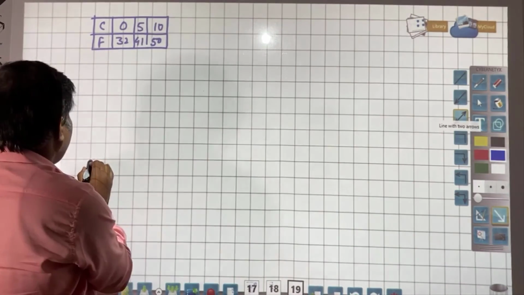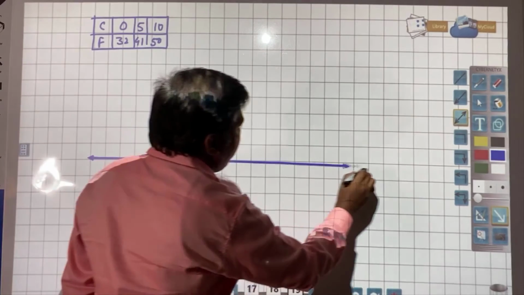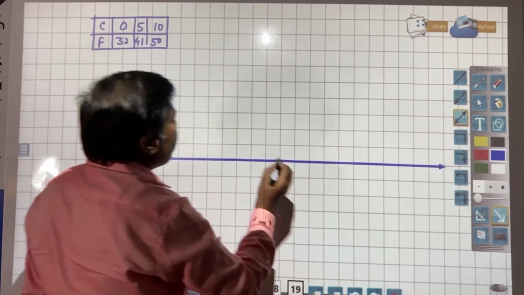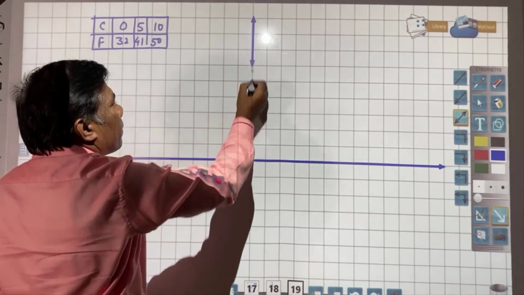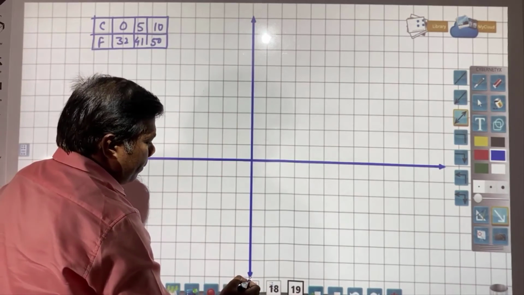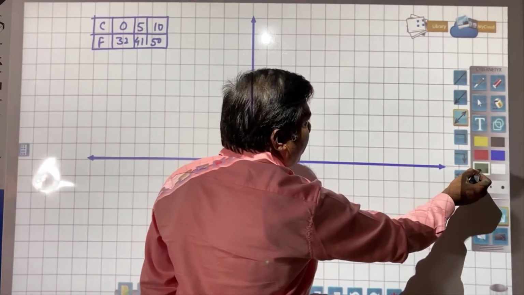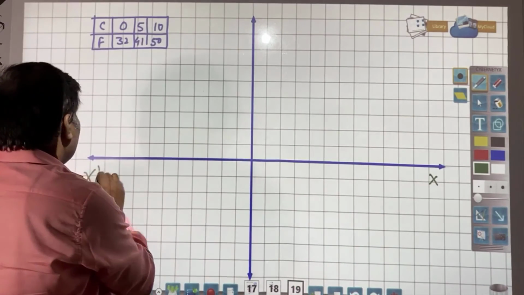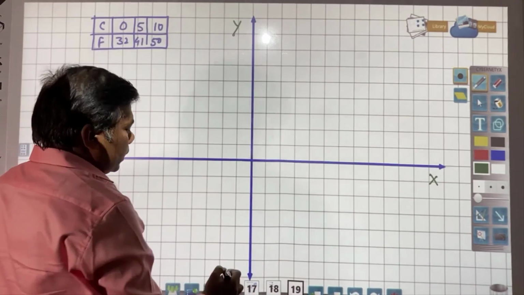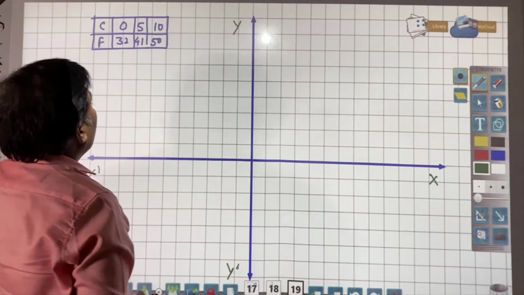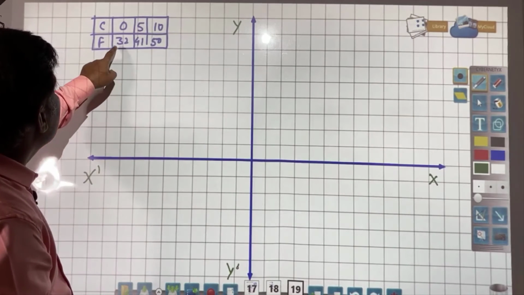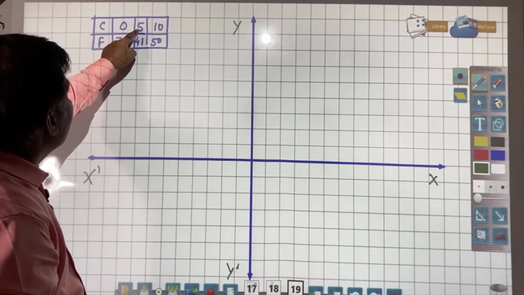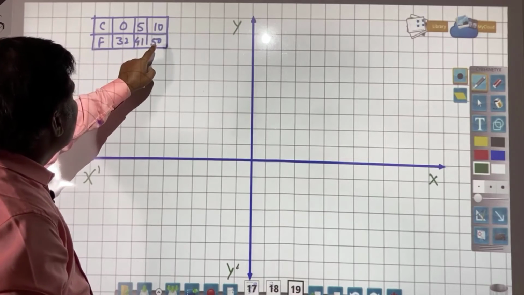Here you see, this is the x-axis, this is the y-axis, and here you have numbers 0, 32, 5, 41, 10, 50.